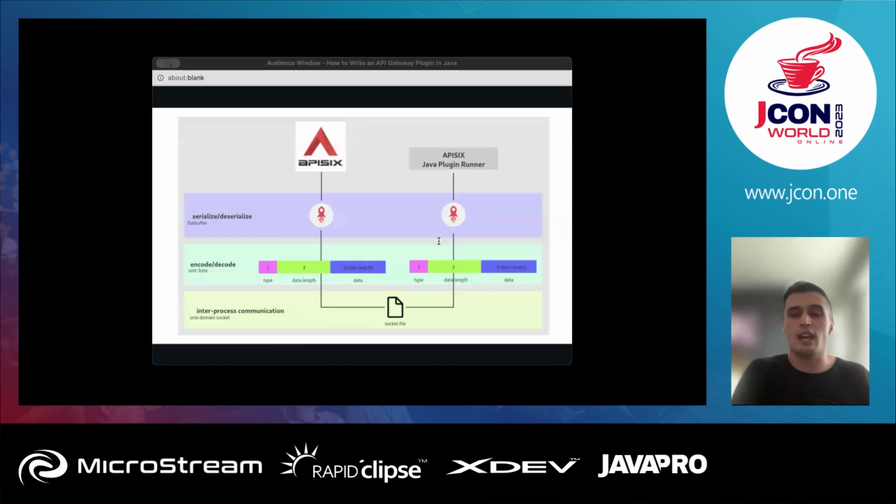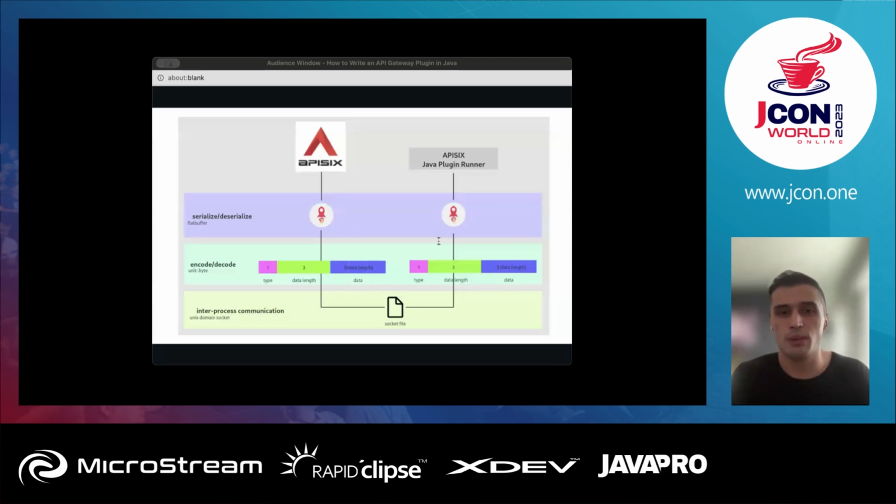Let's talk about how the inter-process communication between APISIX and the Java plugin runner works. As you can see in the diagram, we use Unix domain sockets. The plugin runner lifecycle is managed by APISIX, but it makes use of these socket files to exchange information and data between the Java plugin runner and APISIX.